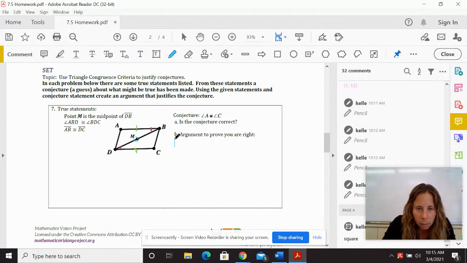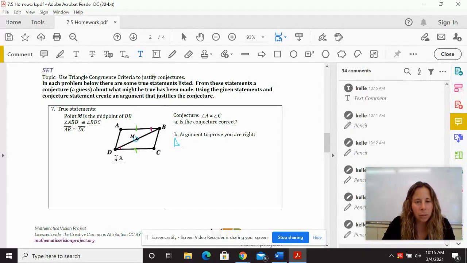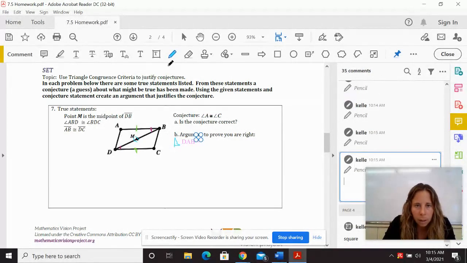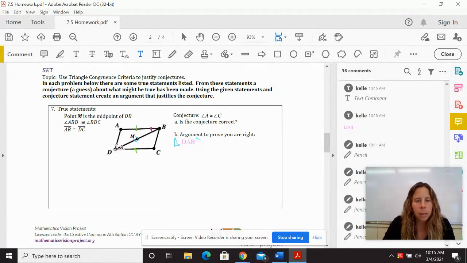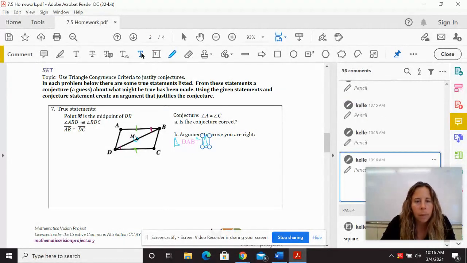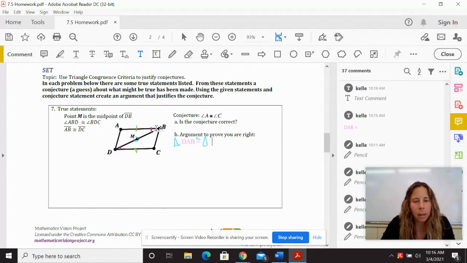Triangle DAB is congruent to triangle BCD. DAB is congruent to BCD.